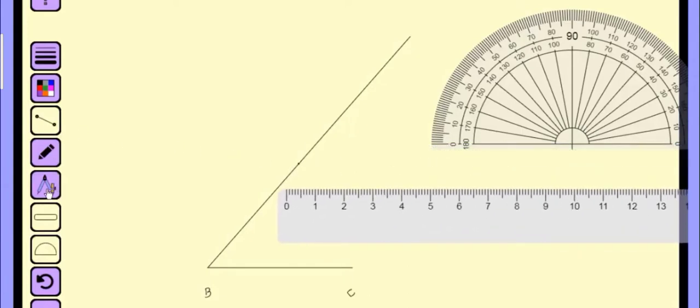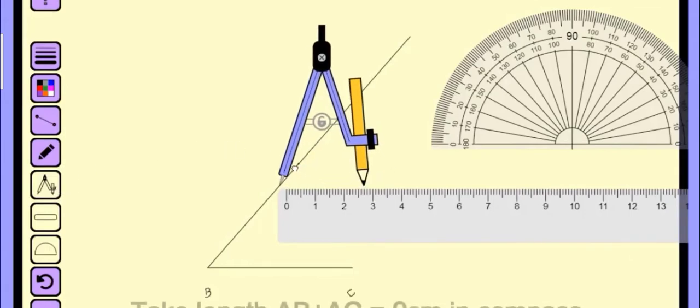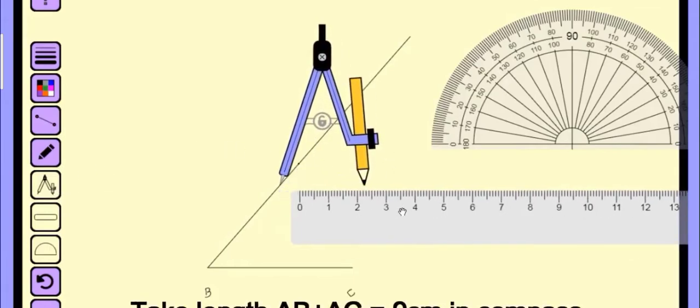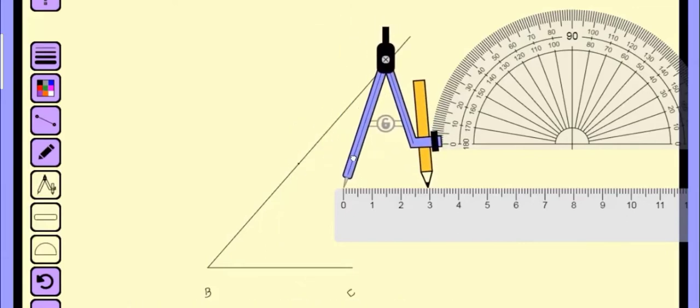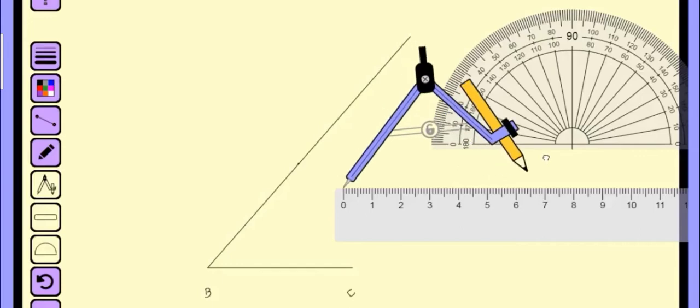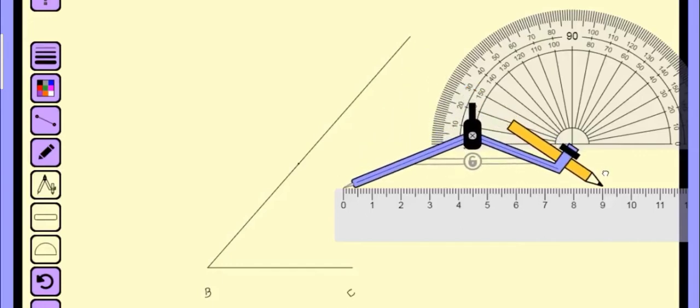After that, using the scale you have to take the measurement of AB plus AC, whatever measurement is given. In this question it is 9 centimeters.